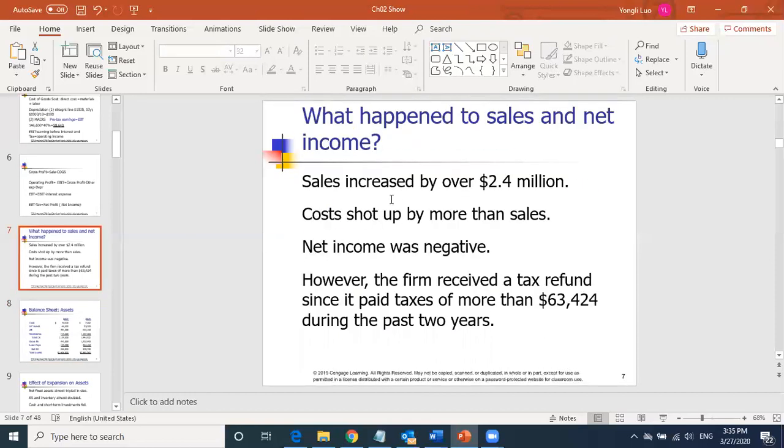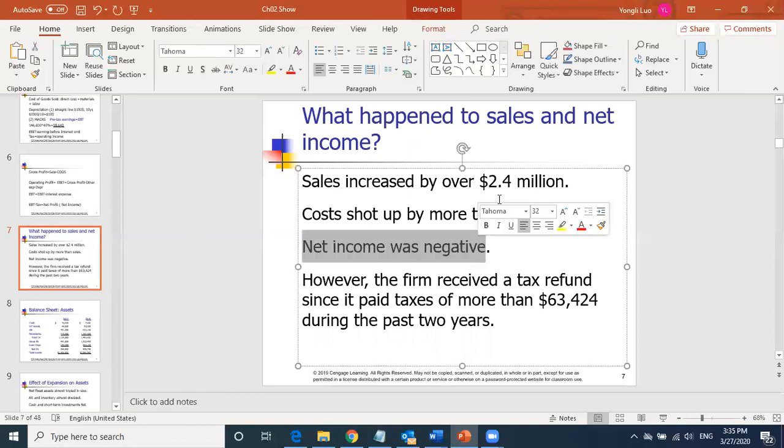Your sales may increase a lot, but that doesn't mean your net income will increase a lot. Sometimes your net income could be negative even if you sell a lot of products, because you have to exclude different kinds of expenses.